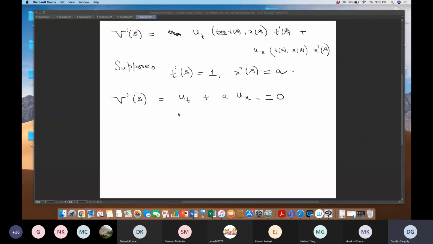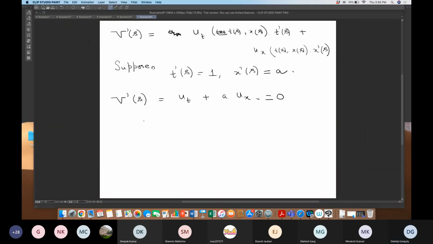So we have 3 equations, right? T prime of S equals 1, X prime of S equals A, and V prime of S equals 0. Now tell me, what is this?